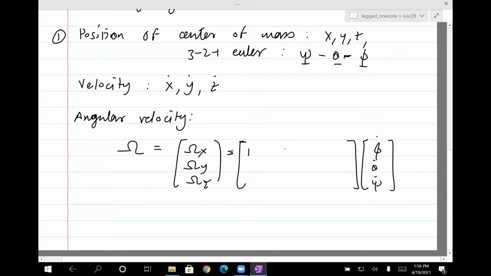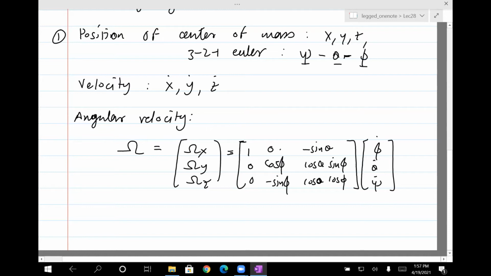That is the matrix with rows 1, 0, 0; 0, cosine phi, minus sine phi; and minus sine theta, cos theta sine phi, and cos theta cos phi.